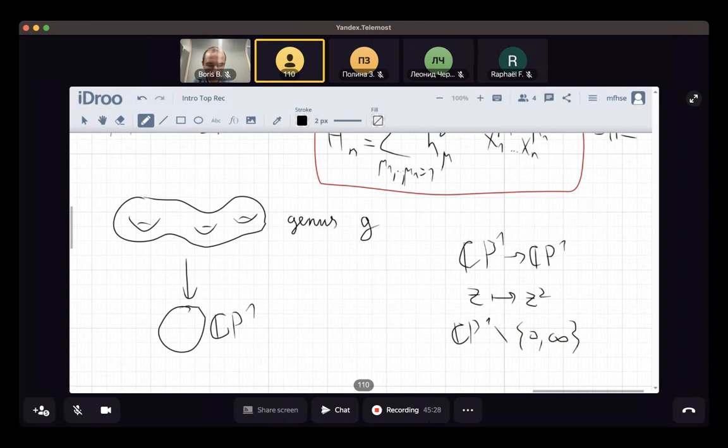Okay, right? But 0 and infinity have just 1 pre-image. Here, 0 maps to 0, and infinity maps to infinity, and that's it. So they are the branch points.